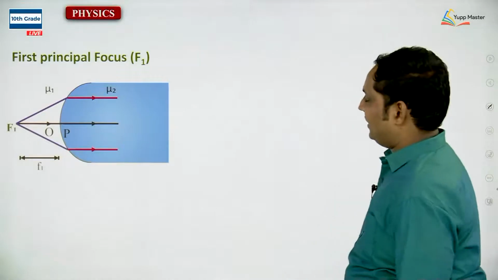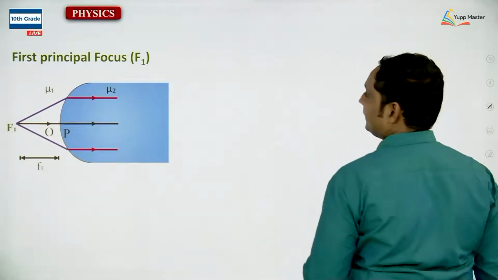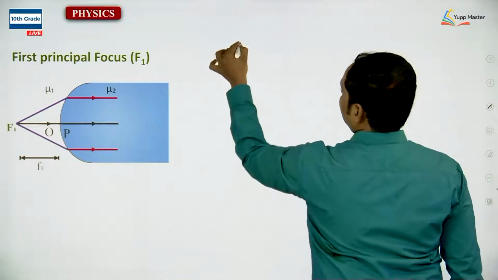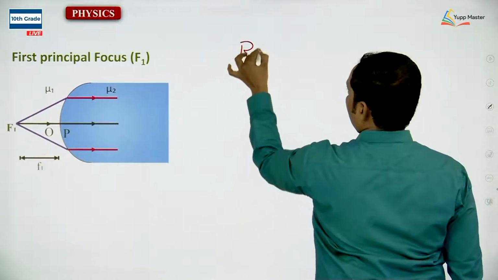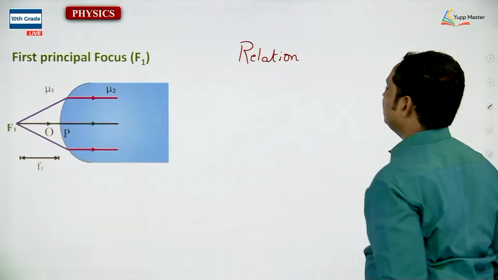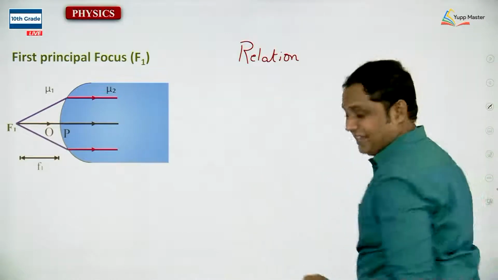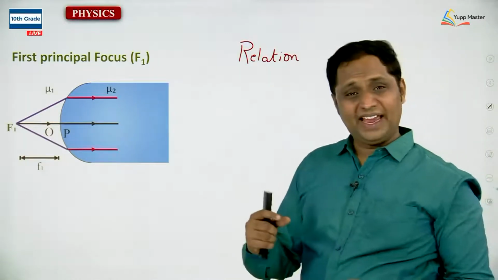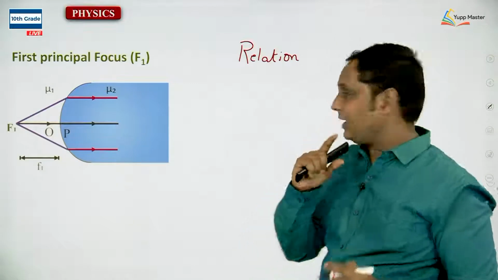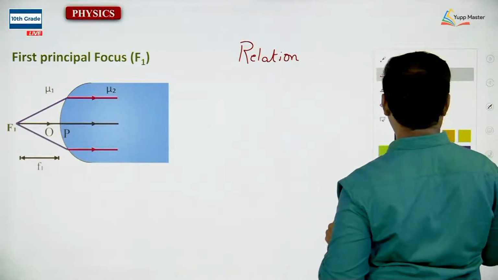We just have to get the expression. While you are going to take that, please see that. You know the relation when the angle of incidence and the angle of refraction are very small. You have to get this relation. That is very clear.